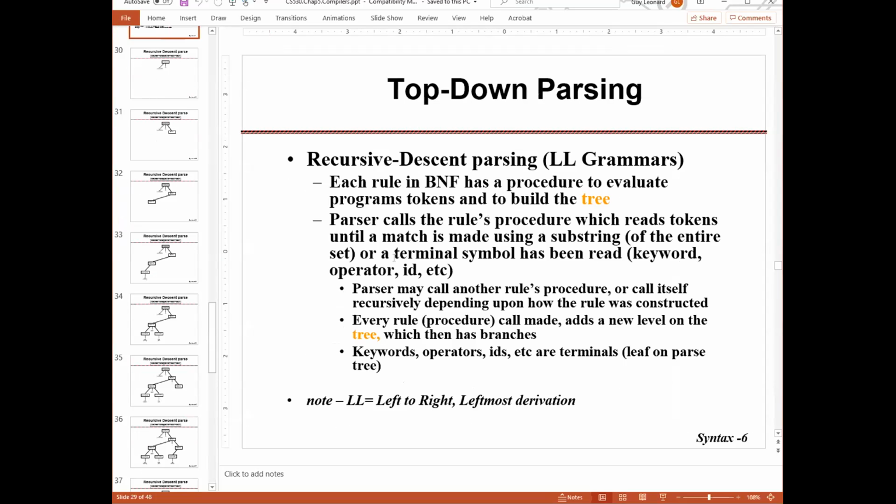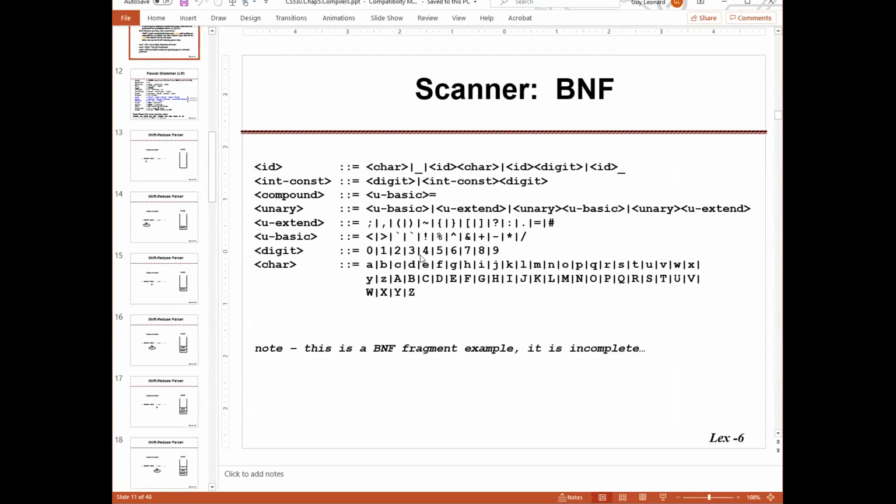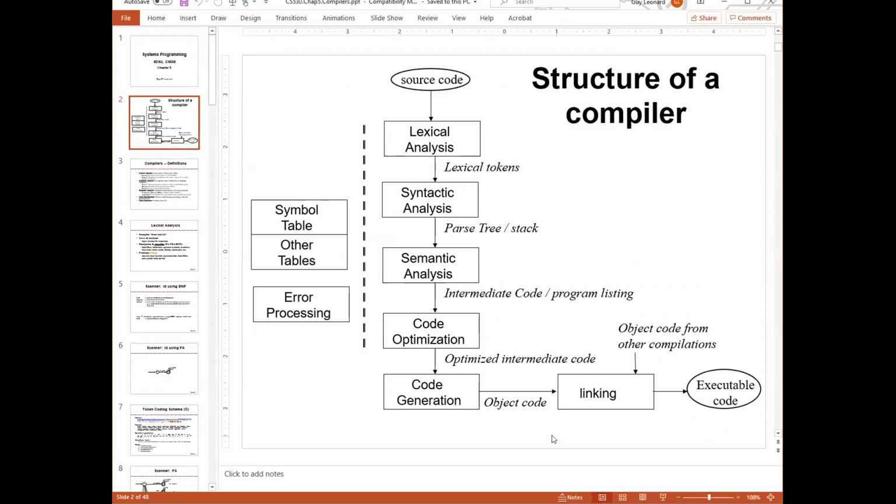Okay, it's highlighted in green, so I know that this is good.